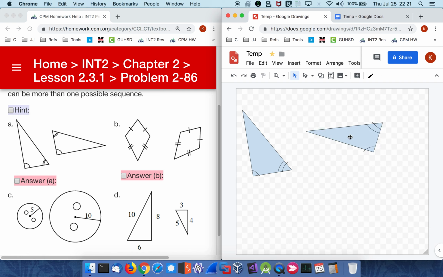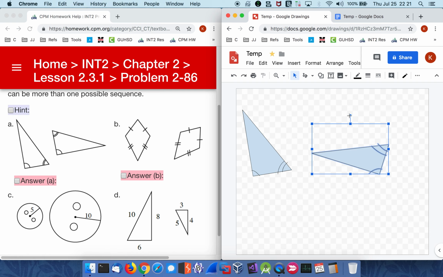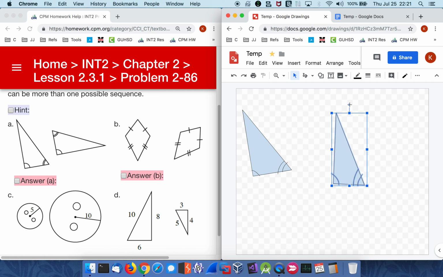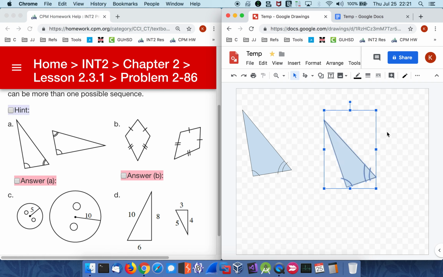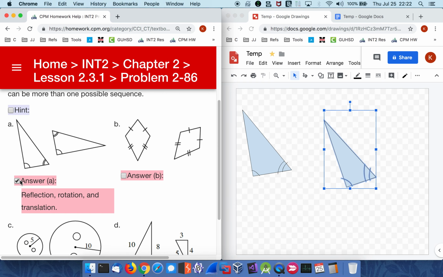Let's see, how far can I rotate this thing? Maybe like that. Nope, not quite. How about like that? There we go. Pretty close. Alright, so it was like a flip and a rotate. Let's see what they say.